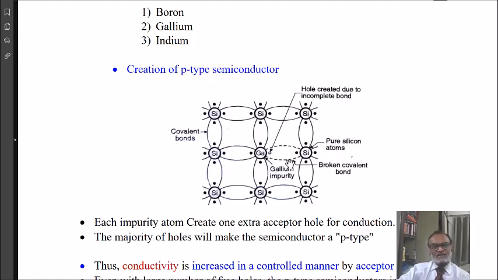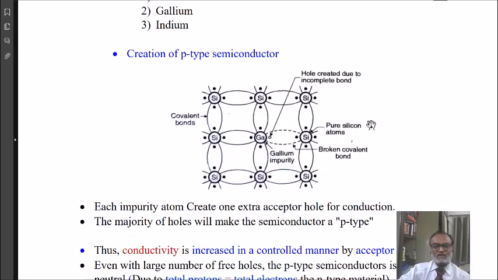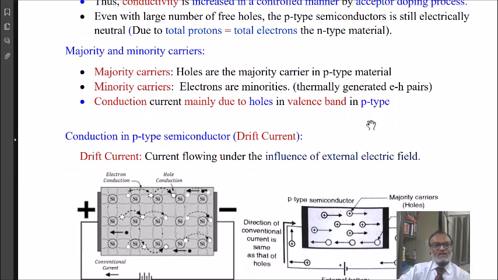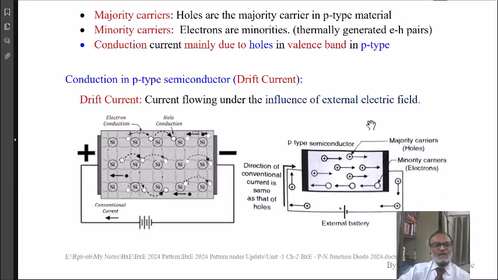And at room temperature, some of the covalent bonds are broken that generate additional electron hole pairs. Those are the minority. Since in the P type of semiconductor, when doped with trivalent impurity, we have a huge amount of holes present in the valence band for conduction compared to the electrons, holes are the majority. Now let us see if we apply the voltage across this specimen.